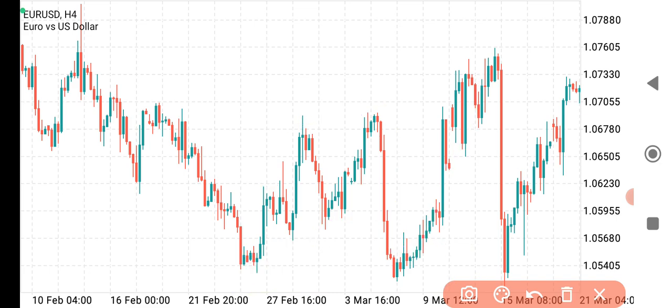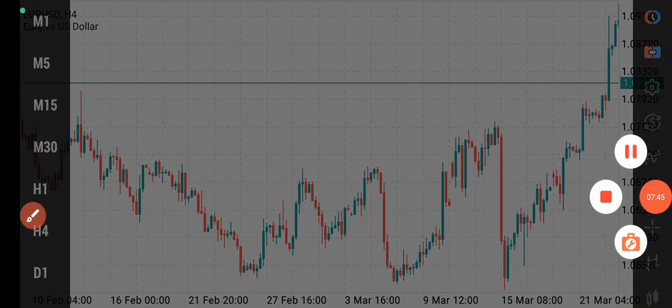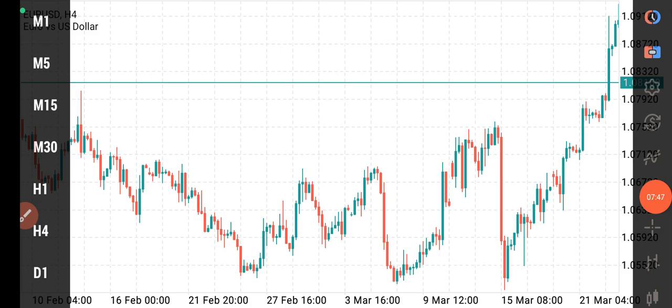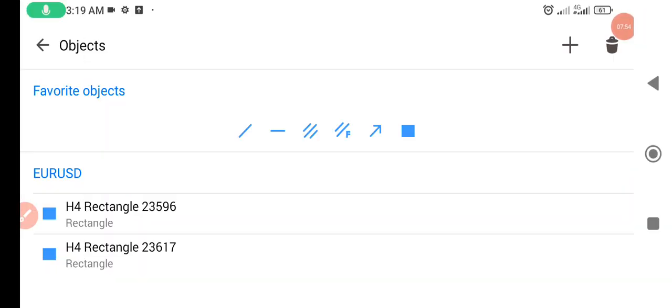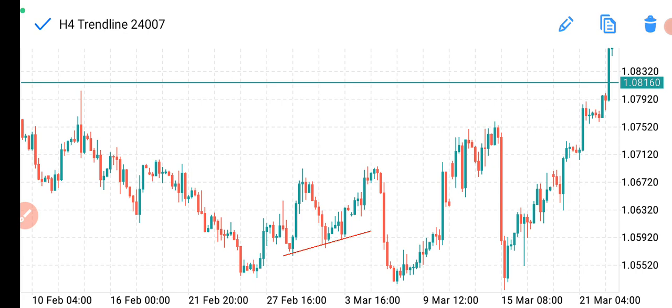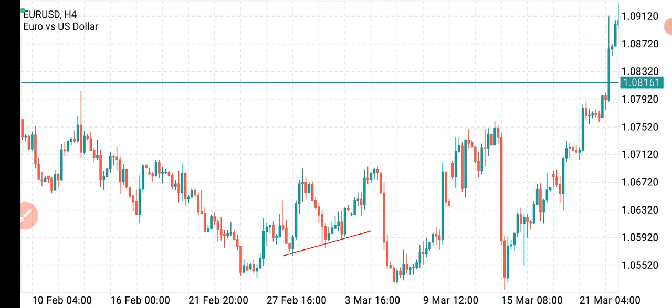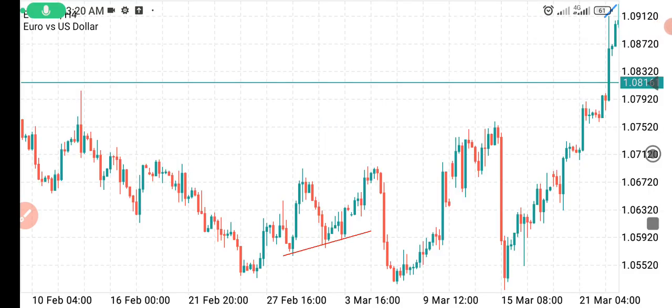It took away this liquidity here. Also, this liquidity here as well was taken.